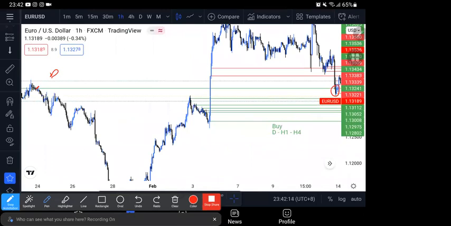So we're going to mark all the key levels that are available. Maybe this one is a line, and another one over here. And if the H1 key level is too big, we just drop down from H1, and the key level should be on M15. So let's see if there is any M15 key level over here.